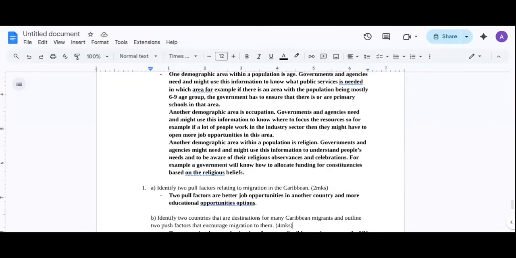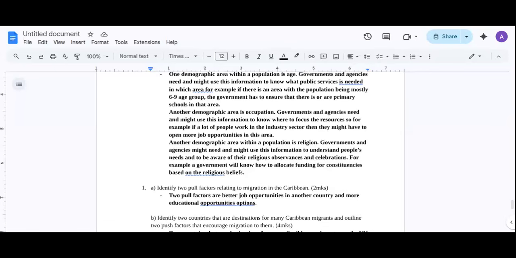Tell me push factors that will encourage migration to those places. Remember, we said that the pull factors are what attracts the persons. Lack of technology, yes. Crime and violence, Shekinah. Crime and violence. Miss, lack of job opportunities. Lack of job opportunities, Miss Francis is saying.